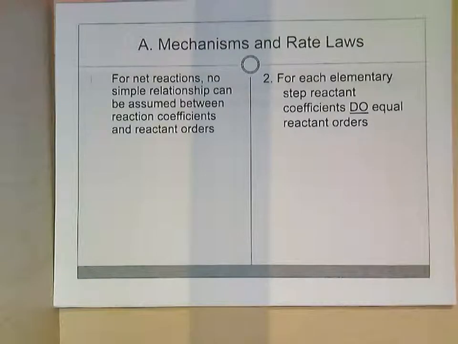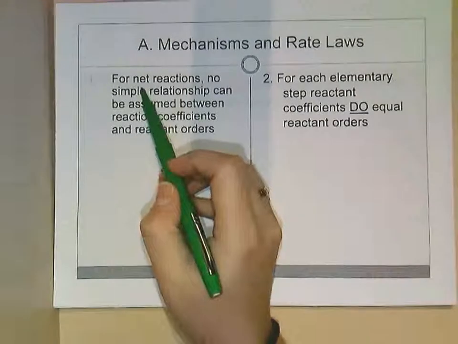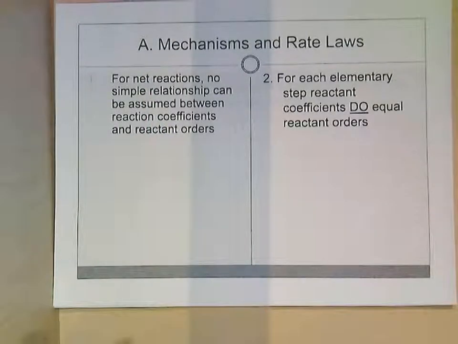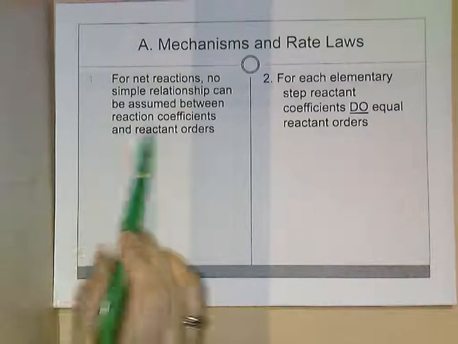Alright, so in order to figure out a mechanism, we're going to go by 5 general rules. The first one is, for the net reaction, you cannot assume a simple relationship between the reaction coefficients and the reaction orders.